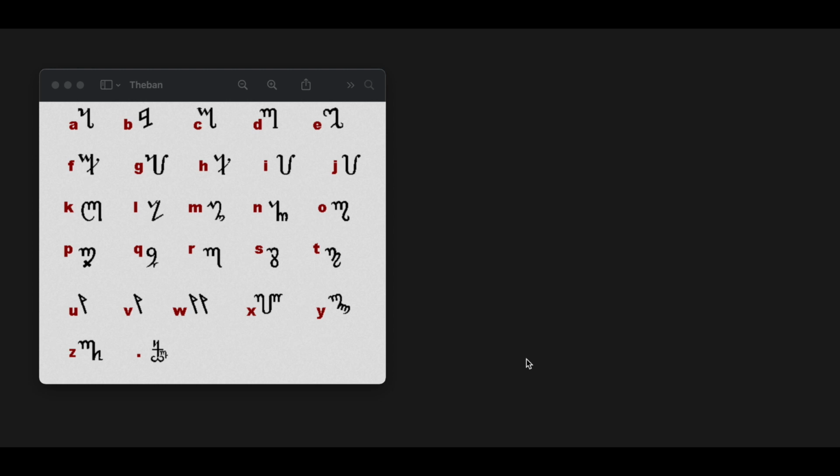Now, you're probably saying, well, it looks to me like this should be called Theban. However, in our case, the H is silent. And this comes from the German language.